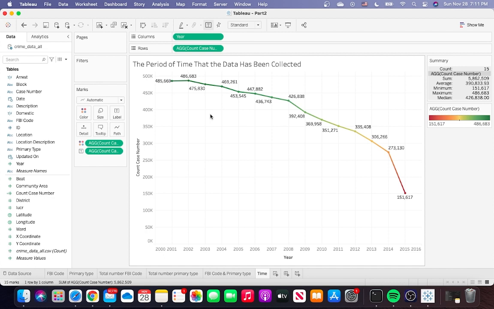We found that 2002 was the year when the amount of criminal data was the greatest, at about 486,000 cases. However, 2015 has the lowest amount of collected data, only 151,000, among the 15 years.